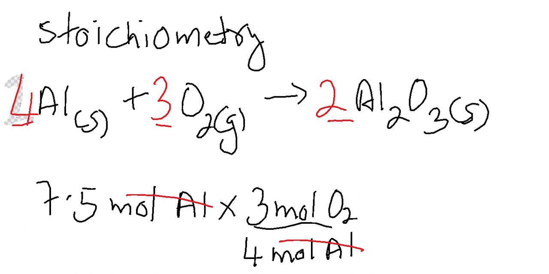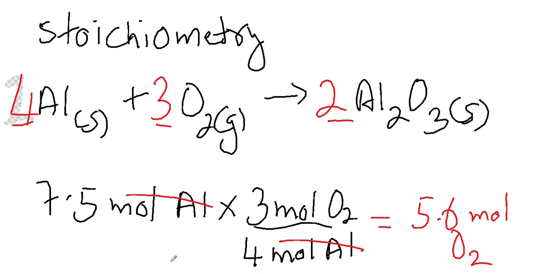Somebody had to measure 7.5 moles of aluminum, and when we do the math to the 2 sig figs we should have, we end up getting 5.6 moles of oxygen, right? So 5.6 moles of oxygen would be required to react with 7.5 moles of aluminum.